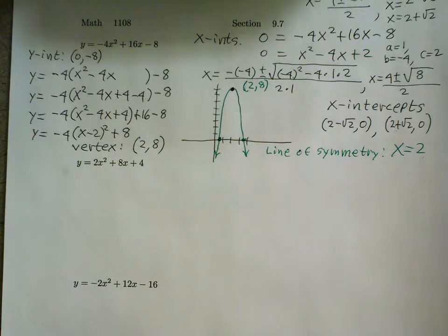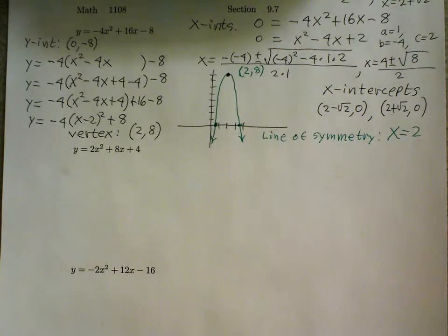All right, the next one, y equals 2x squared plus 8x plus 4. I'll let you work on that for a few minutes. So you can identify by typing in the ordered pairs for the vertex, the y-intercept, and the x-intercepts. And then if you type those in, identify what you're typing in.